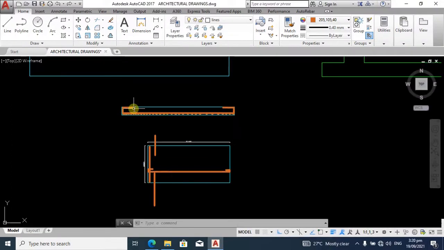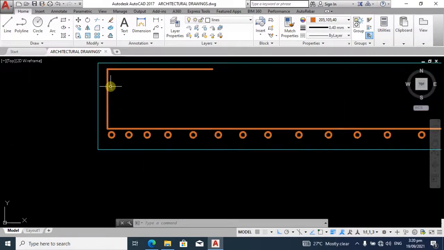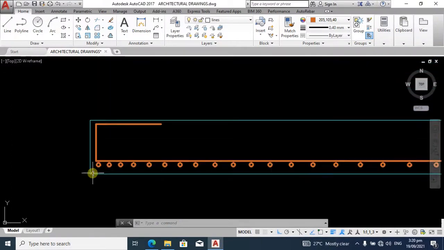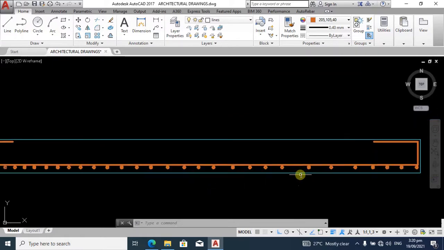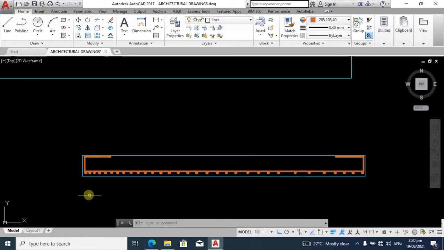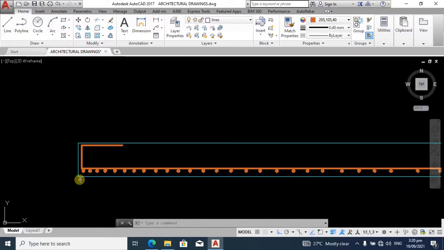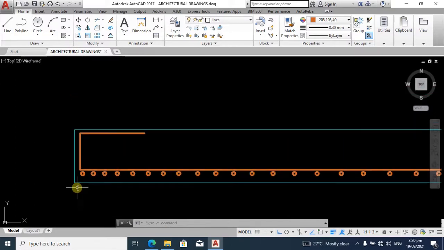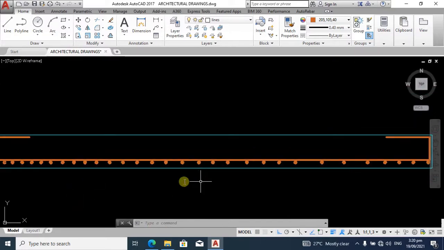Let's have a look at this. The cover to the reinforcement. Let's say this is the detailing of the panel under consideration. In this class, we are still going to treat structural detailing properly, so just for now, let's take a look at this sketch. Let's say this is a detailing of this panel 4.